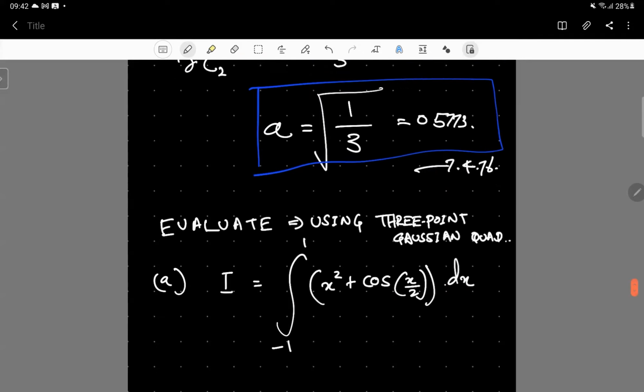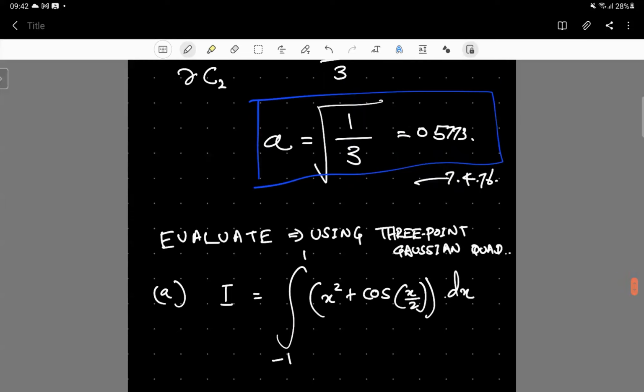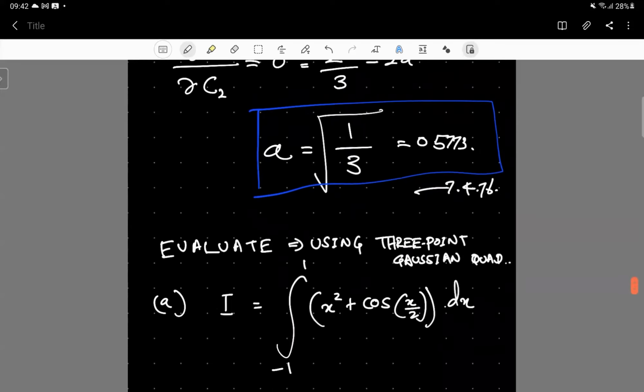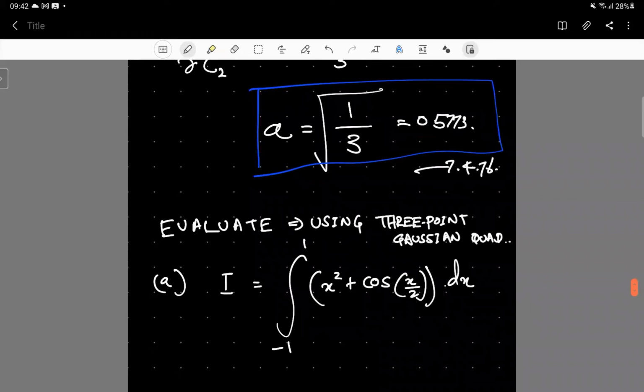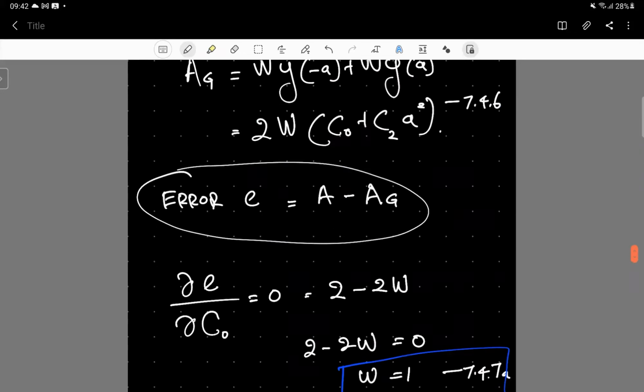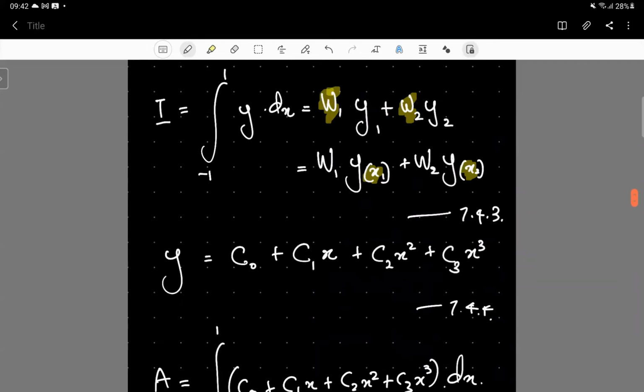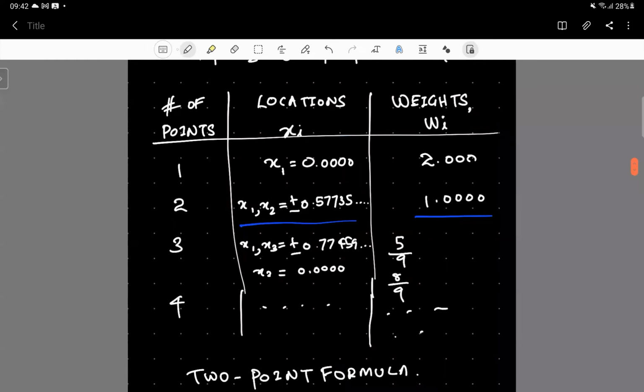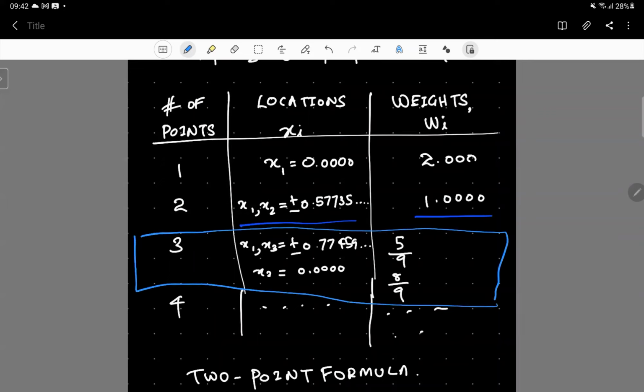I will give you now the corresponding weightage factors. So it's simply x squared plus cos x divided by 2, which has to be integrated between -1 to +1. And these are the values corresponding to the 3-point Gaussian quadrature method. The corresponding x values, where the function has to be evaluated, and the weight factors.